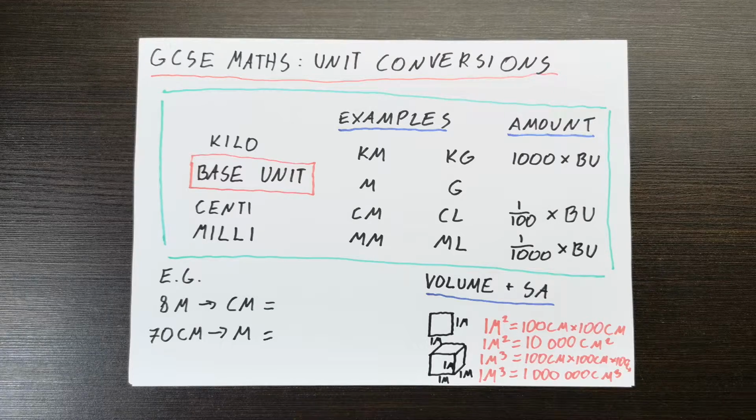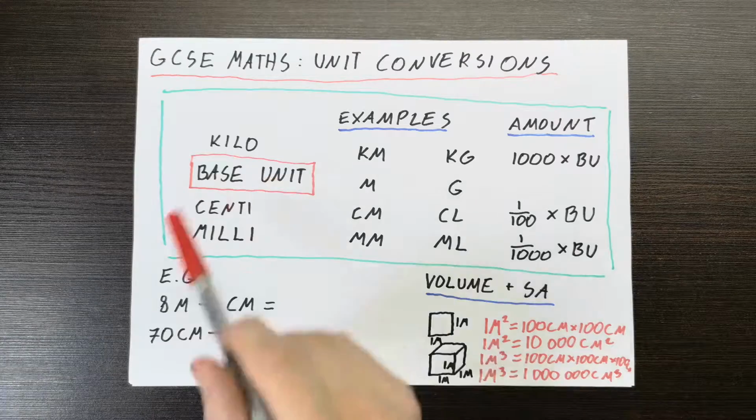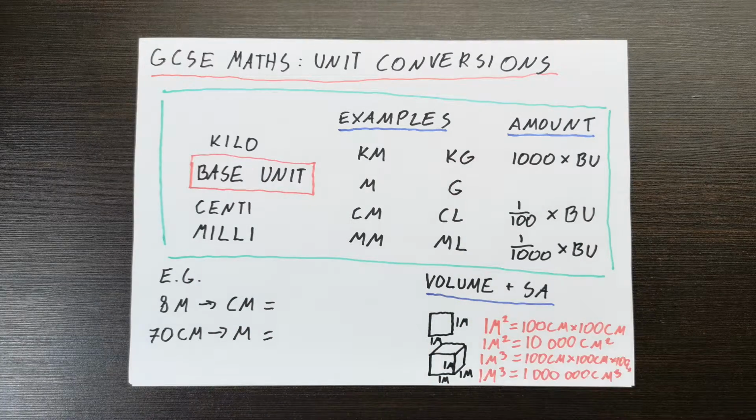And so on. That's the kilo, that's going up from the base unit, the bigger unit. Now, for mass, there is also a specific unit called the ton. 1 ton is equal to 1000 kilograms. That's a bit of a strange one, but other than that, in the metric system, everything works like this.